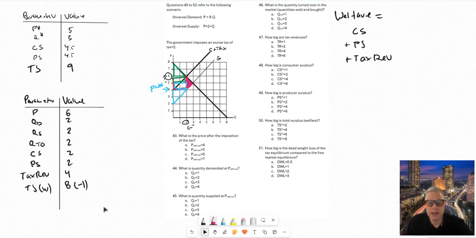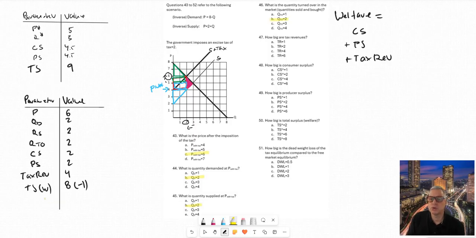Okay, so now we should be able to answer all the questions. So what is the price after the imposition? We said the new price, of course, is 6. What is the quantity demanded? That's 2. So we have a reduction of economic activity. Quantity supplied is 2. What is the quantity turned over?